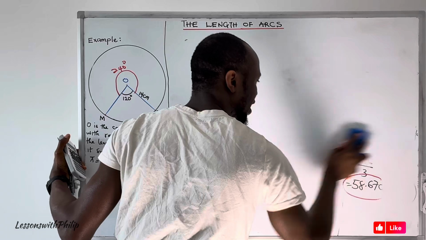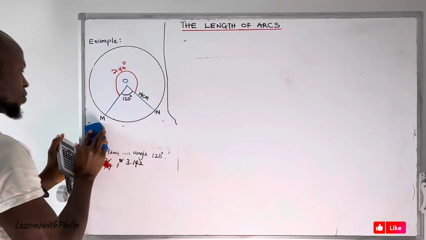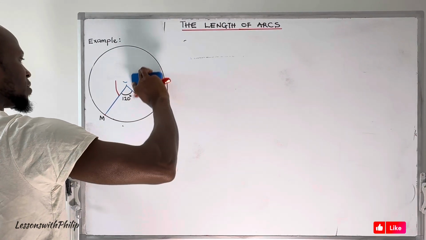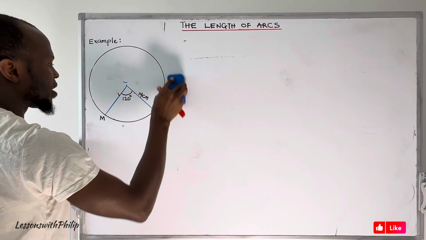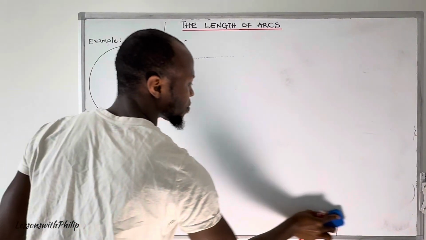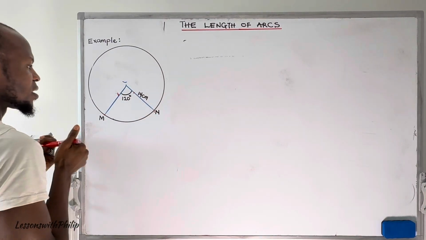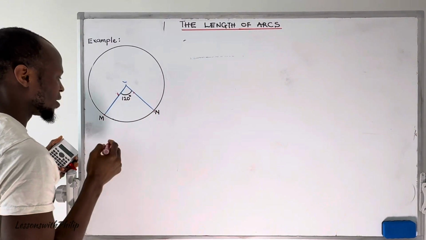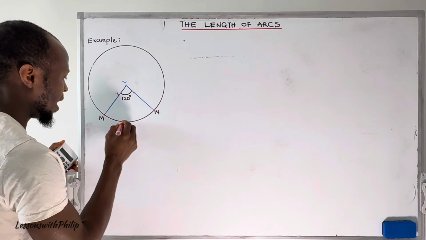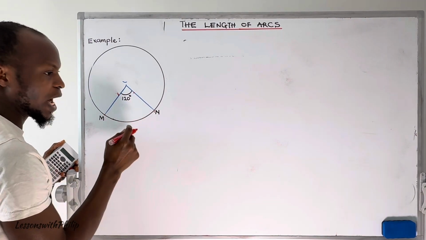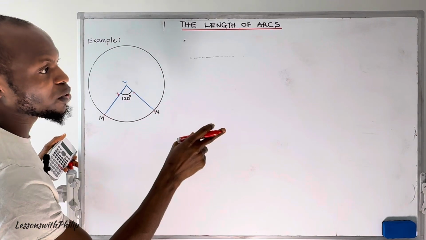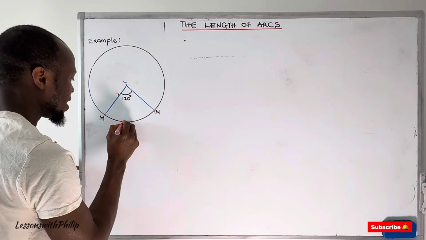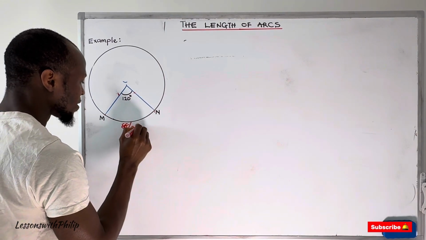Let's assume that from our question we are given, we're not given the radius, but we are given the length of an arc to be, what did we get last time? We got 88 divided by 3, 88 over 3 centimeter.